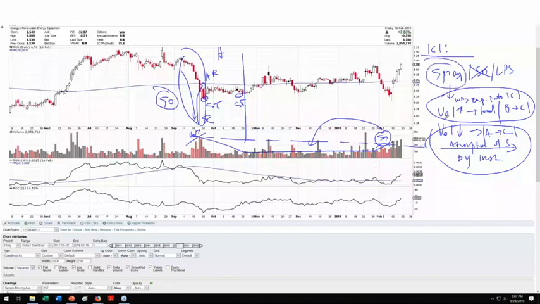Okay, so we have a structural definition, a spring. And by the way, with this spring, look how nicely it just goes below the phase B level and then it just springs. You would not be expecting this spring necessarily with such shakeout and with such assertion of the demand at the end into the close of the bar.